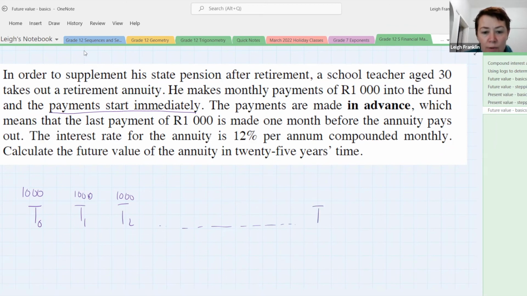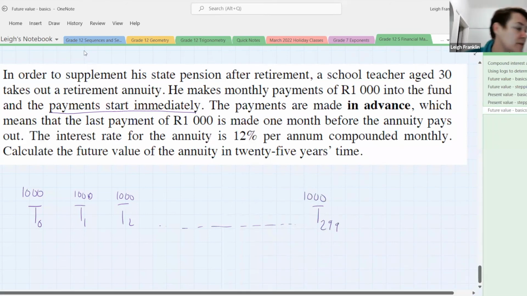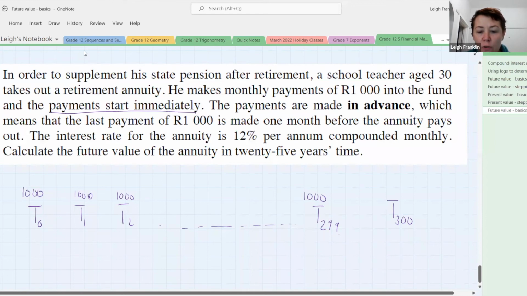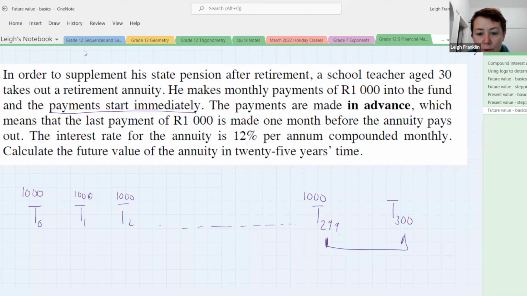Just before he retires, that would be his 299th payment of 1,000 Rand, and it stops there. His last payment was made 1 month before the annuity pays out, so that's why it is here at T299. The money is sitting in the account for a month, earning interest.